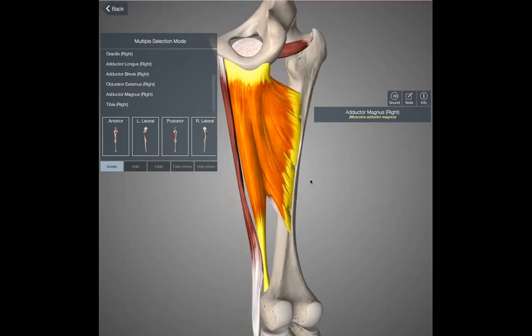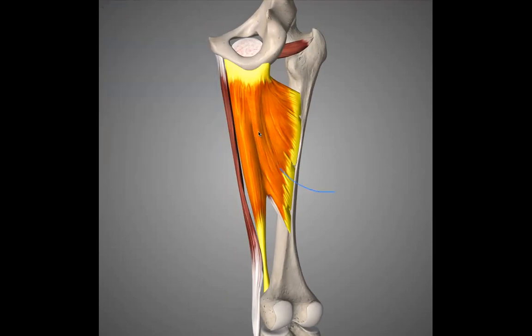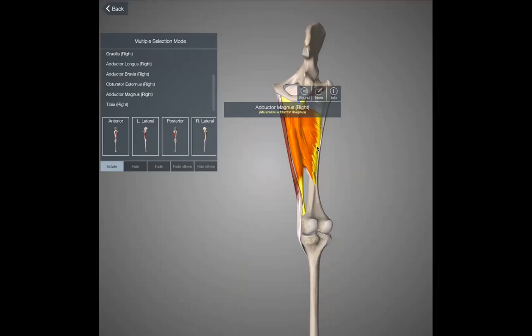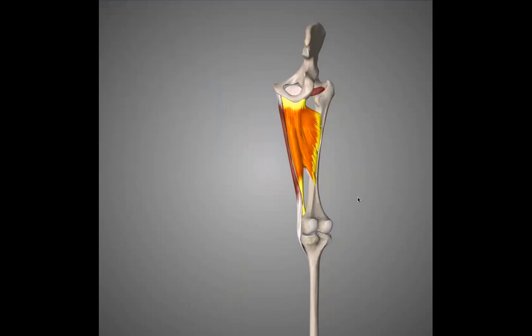Actions, the adductor would help us do what? Adduct the femur towards the medial, towards the body. Okay. Here, if this contracts, it will help us to get our legs together. It will adduct the femur.